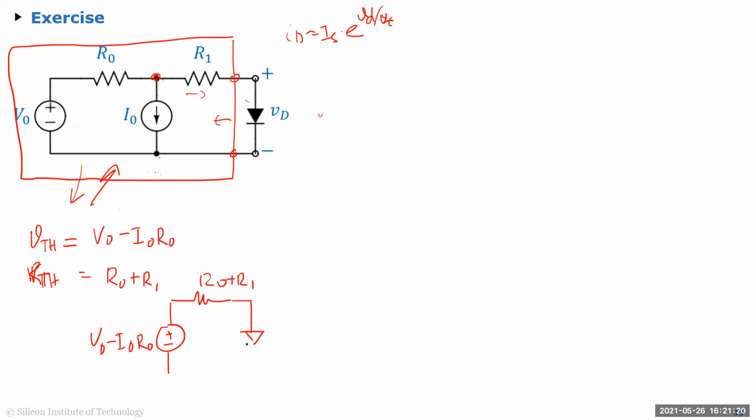And you apply the diode. Like Suman said, if I assume this is around 0.5 volt or 0.6 volt, then you can calculate this current, which is equal to V naught minus I naught R naught, divided by R0 plus R1, right? And if you have the numbers, you can quickly find out whether this current is too high or too low and so on.